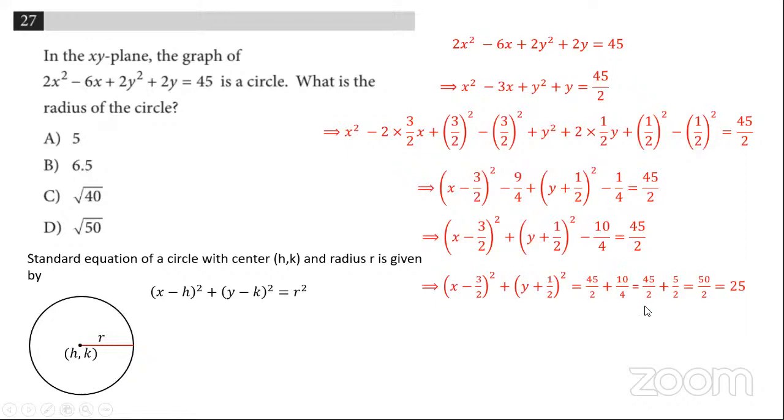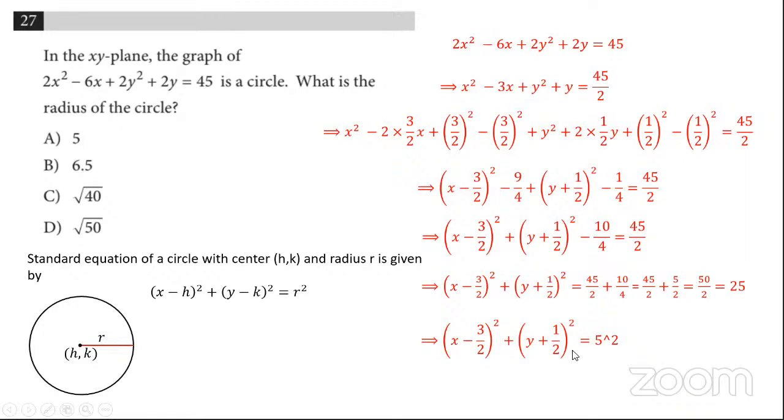So 45 by 2 plus 5 by 2, that is 50 by 2, which is equal to 25. 25 is the square of 5, right? So we can write it as x minus 3 by 2 the whole square plus y plus 1 by 2 the whole square equal to 5 square.